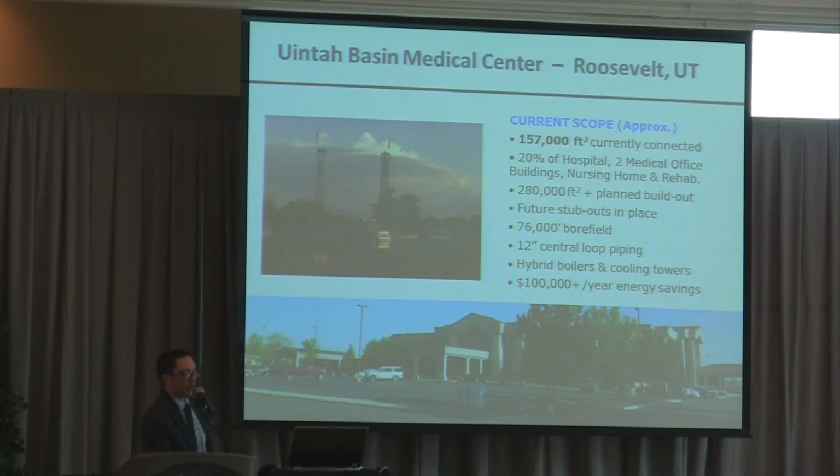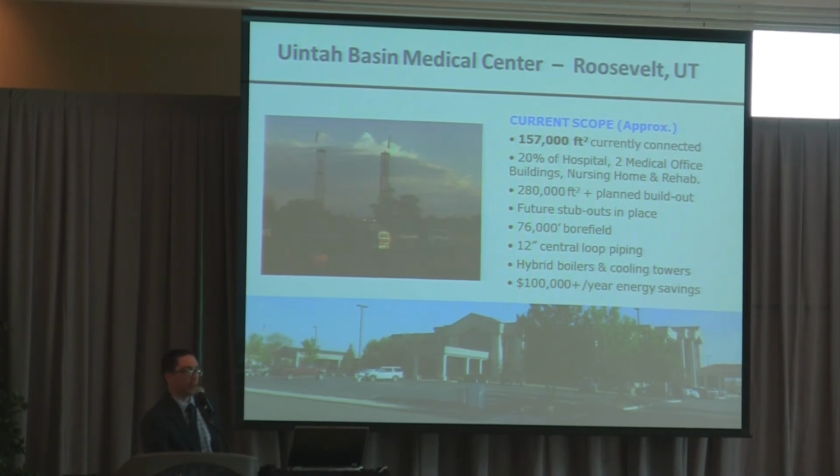Another example, a little bit closer to home, a little bit smaller example, but same concept, is Uinta Basin Medical Center in Roosevelt, Utah. Some of you may know it. It's pushing 160,000 square feet currently connected. The current system consists of 2 medical office buildings, the first of which was built as a standalone geothermal system in 2001.